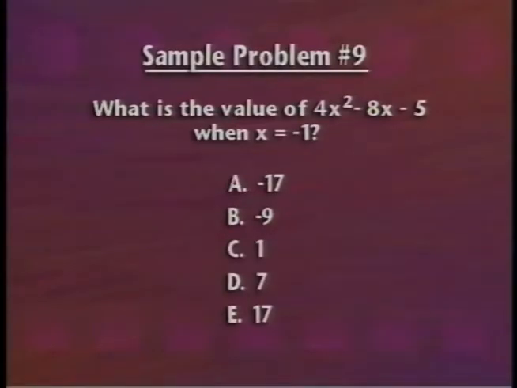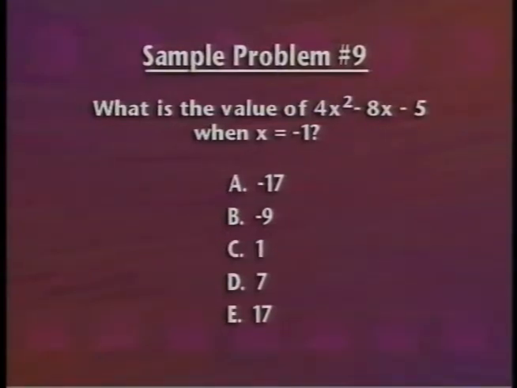What is the value of 4x squared minus 8x minus 5 when x equals negative 1? In solving this type of equation, plug in the given value of x and carefully work out the problem. Be careful with the negative signs.